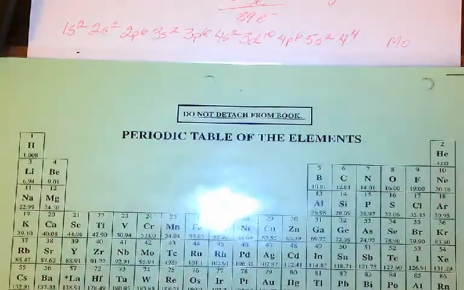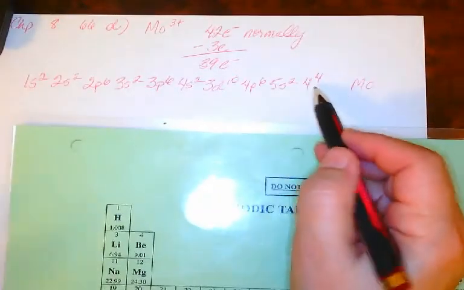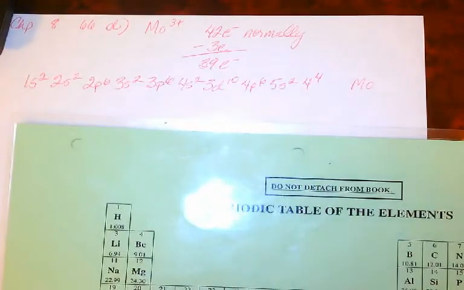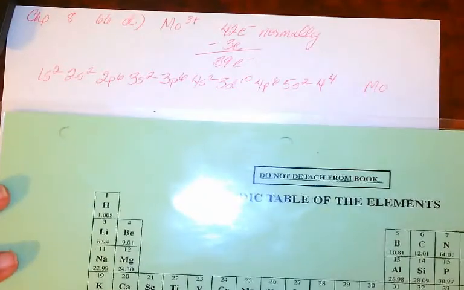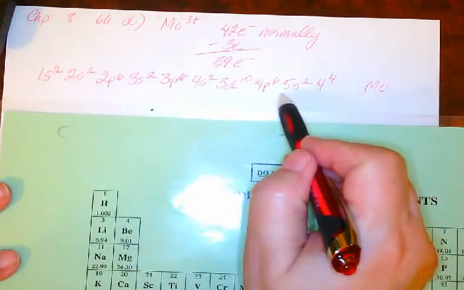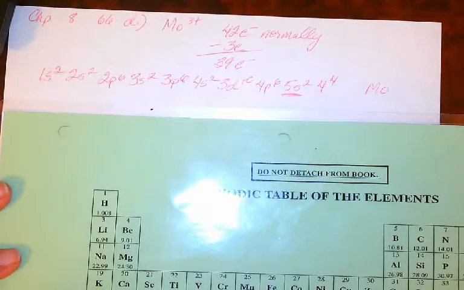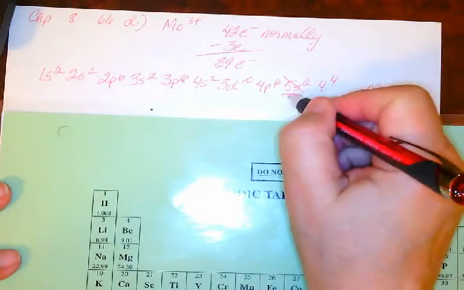So how then is it different? Do I just cut back to 39? Not quite, because when electrons are lost or gained, they're gained to the valence shell. And if I look at this, this is the valence, the 5s2 level. So this is going to be eliminated.